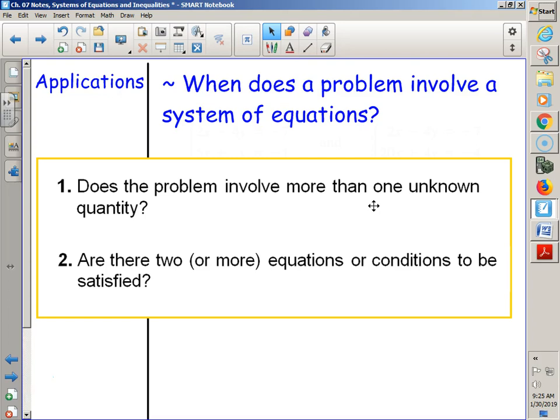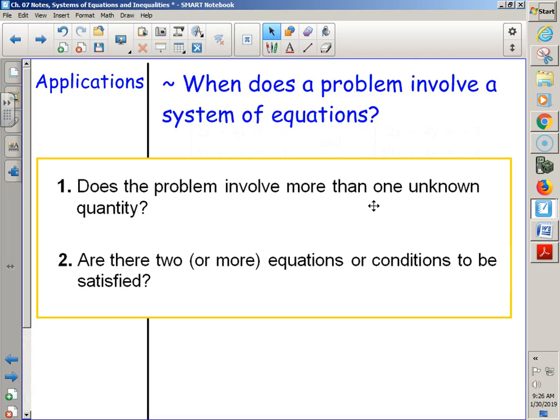Well, usually you have more than one unknown, x, y, z. And usually, not usually, always, for a system, there's 2 or more equations or conditions that need to be satisfied. So like Jaden's question with the rectangle problem, they told me about perimeter and they told me about area. It's a system. In finance, breaking even, you're thinking about profit and you're thinking about cost.